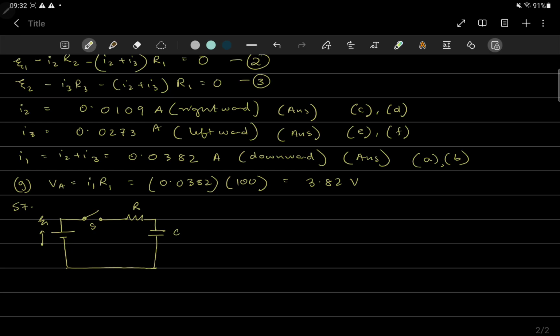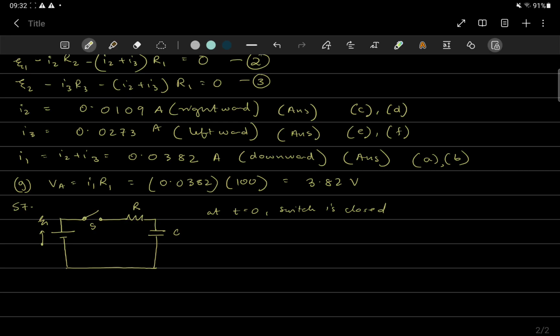Okay, so the question says you have the switch in this figure and it is closed at time t equals 0. So at t equals 0, the switch is closed, which basically means that you are now letting the circuit run, and therefore if you let the circuit run, the capacitor, since it's connected to a battery, will start charging, right?